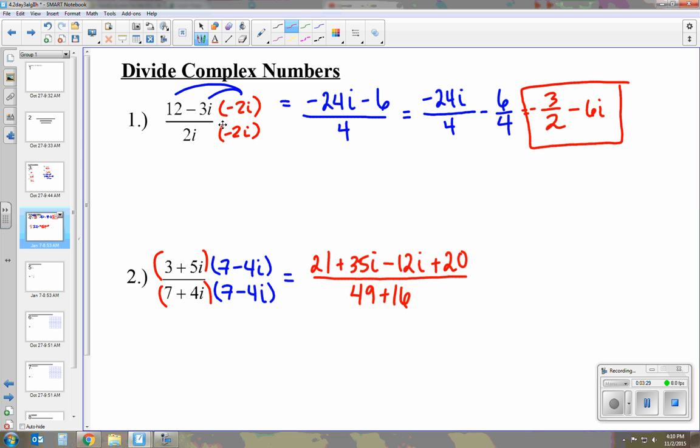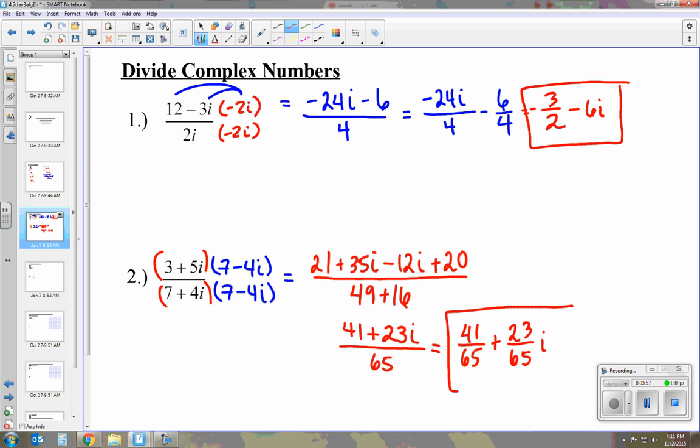Okay, so let's combine our like terms. We have a 41 plus a 23i all over 65. Let's split this apart. We get 41 over 65 plus 23 over 65, and we like to put the i at the very end. Those cannot be simplified, so it just stays like that.